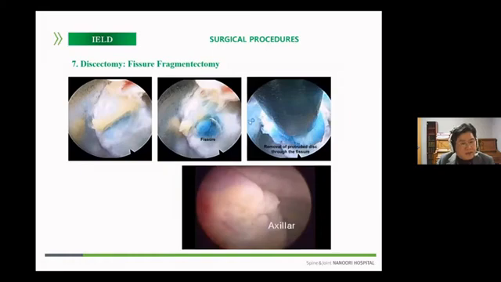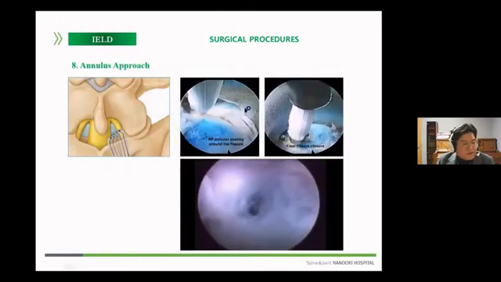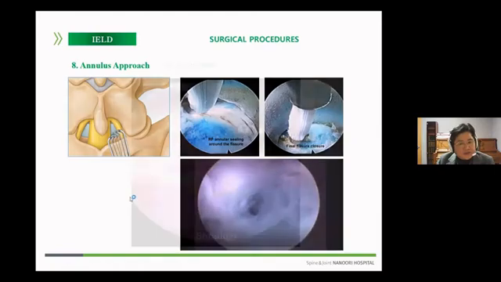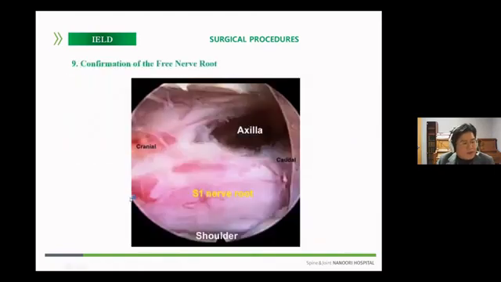You can see here. And for an already made fissure, annular sealing can be performed by shrinkage around the fissure through radiofrequency ablation. And finally, the surgery is over when we confirm the compressed nerve root is free.